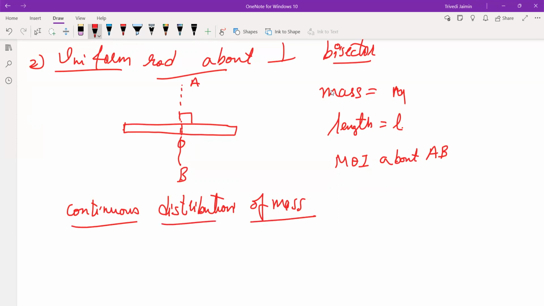So what is a continuous distribution of mass? Ritvik, Varun, what do you mean by continuous distribution of mass? You guys can hear me, right?